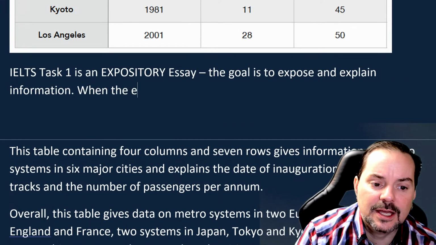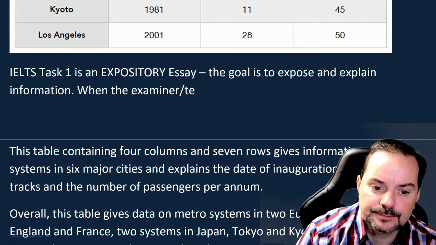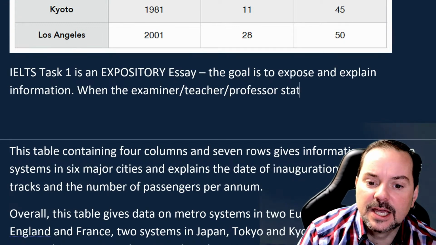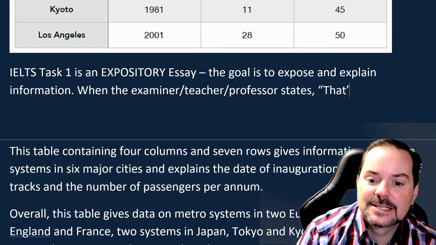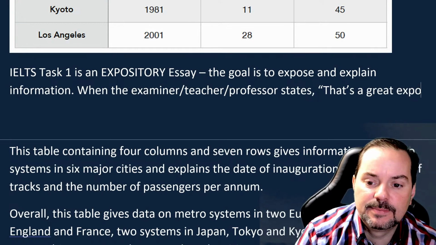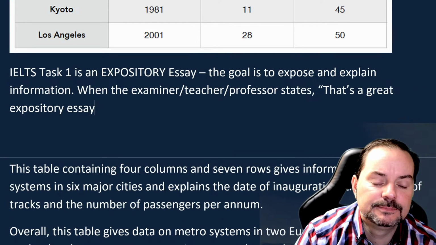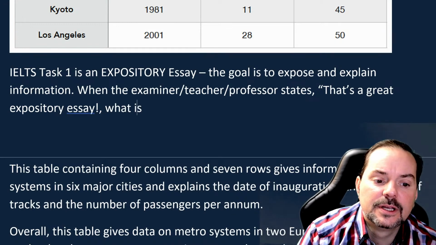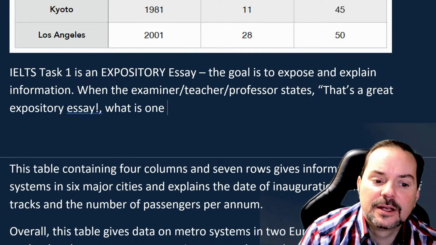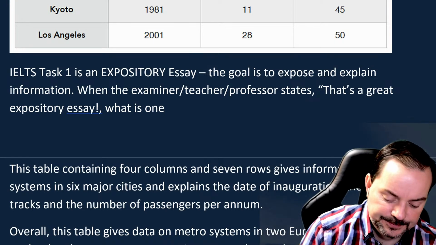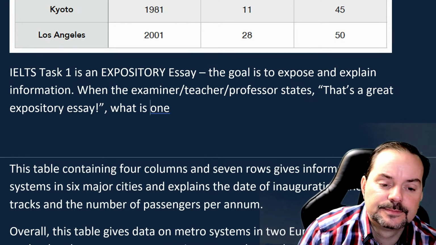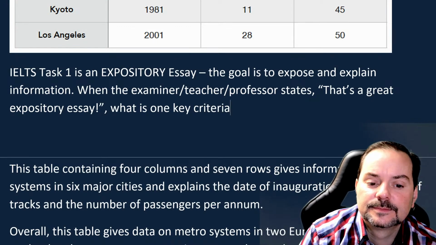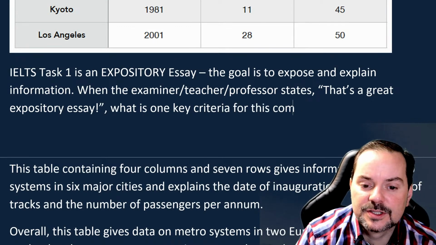When the examiner, teacher, professor states, "That's a great expository essay," what is one key criteria for this compliment?